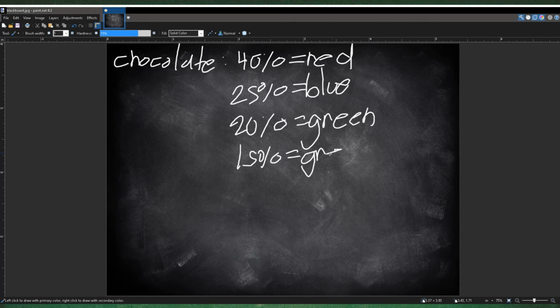So all those percents should add up to 1. 40 plus 25 plus 20 plus 15: 25 plus 15 is 40, plus that 40 is 80, plus the 20 is 100. So that should be equal to 100%. So that makes sense.